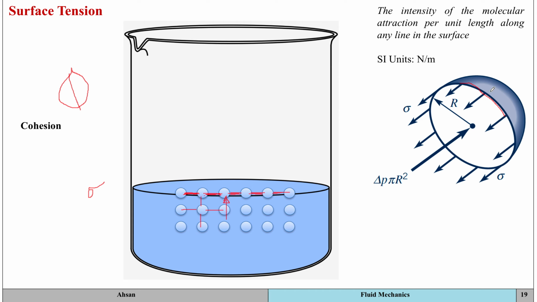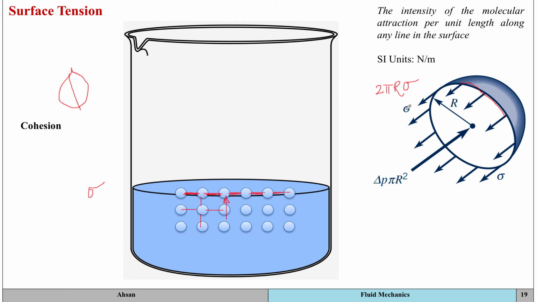So we're going to look at the circumference of this water droplet cut in half. The circumference is 2 pi r, and because surface tension is responsible for the force that develops here, it's going to be multiplied by surface tension, sigma.